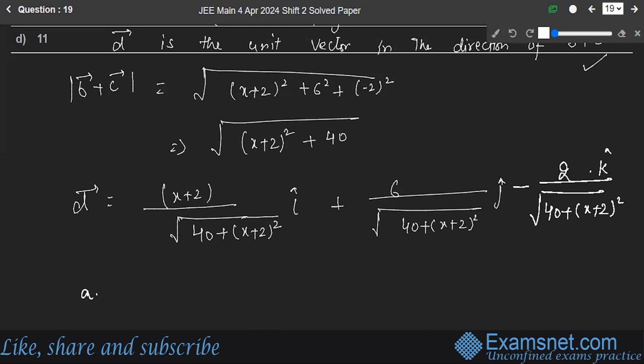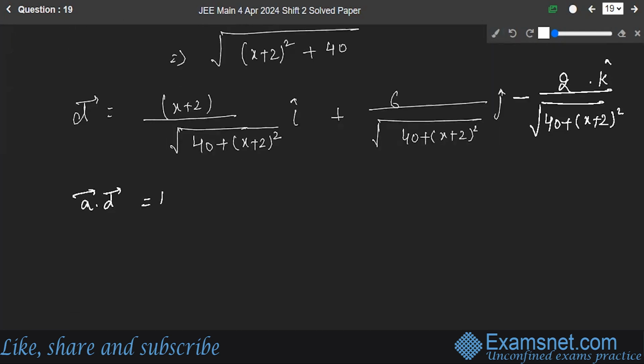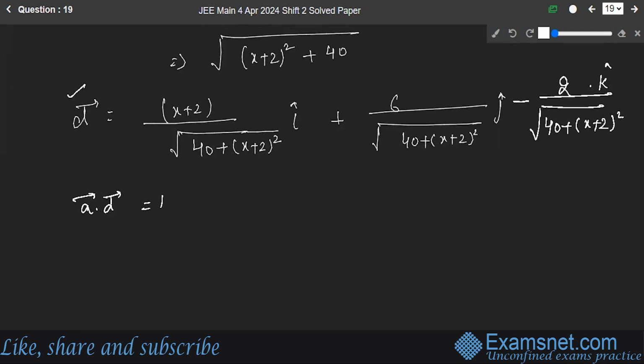Also, you are given that the dot product of A and D is equal to 1. So this is your D vector, and you already have the A vector. Let's write down the A vector once again, this was i, j, k.